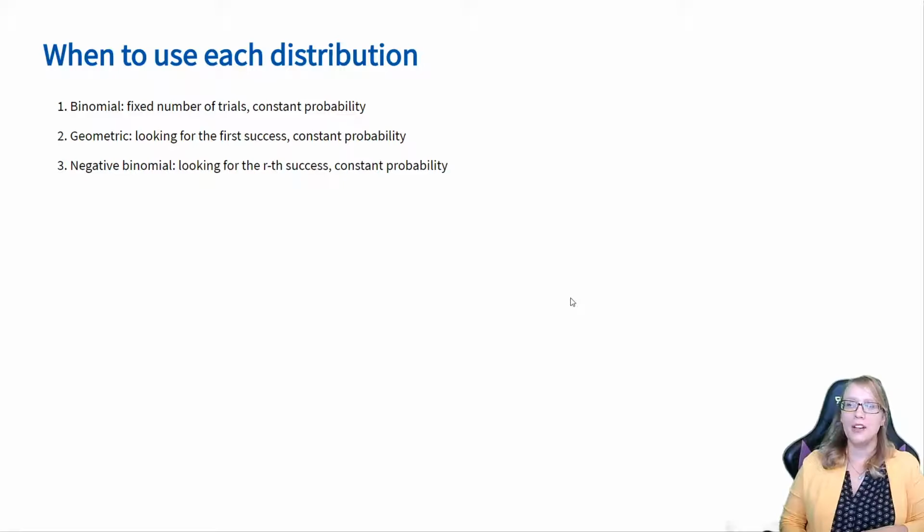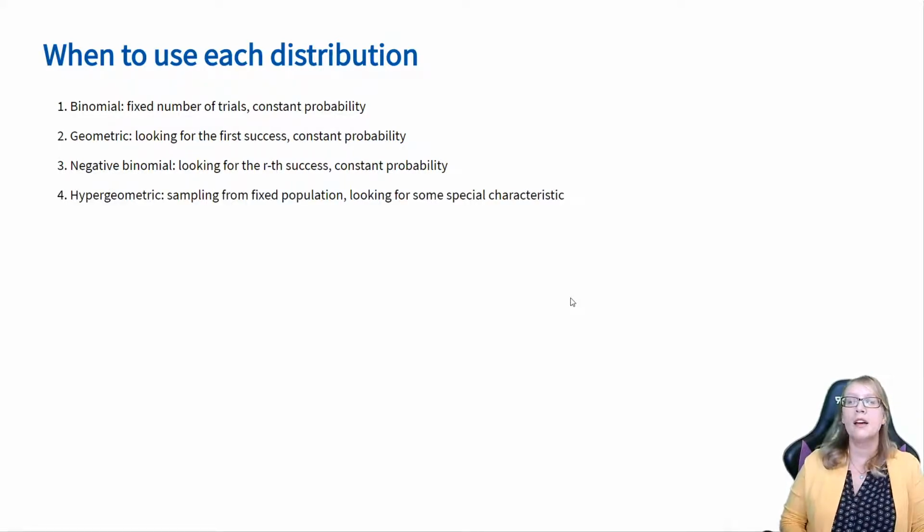The negative binomial is just an extension of the geometric. Here we're looking for the rth success, maybe the second, maybe the third, maybe the fourth, and so on, still with that constant probability. The hypergeometric is a little different from the other 3. The hypergeometric distribution should be used when we're sampling from a fixed population and looking for membership in some special characteristic.